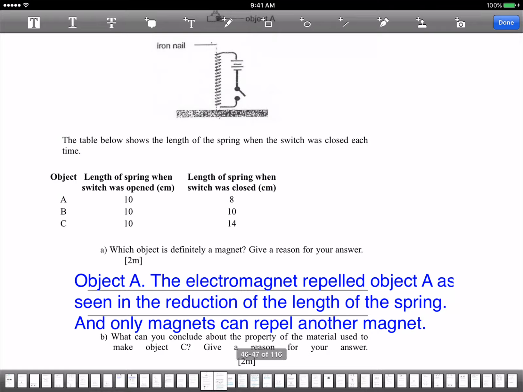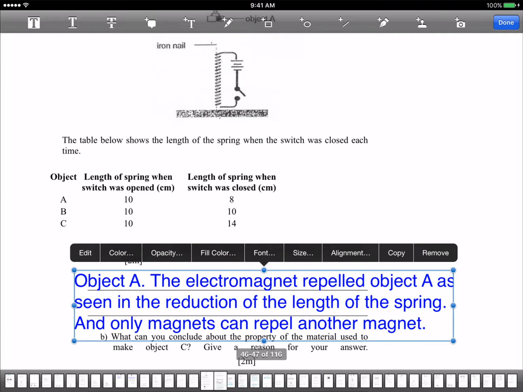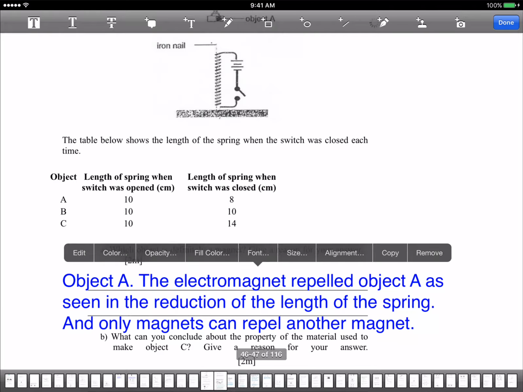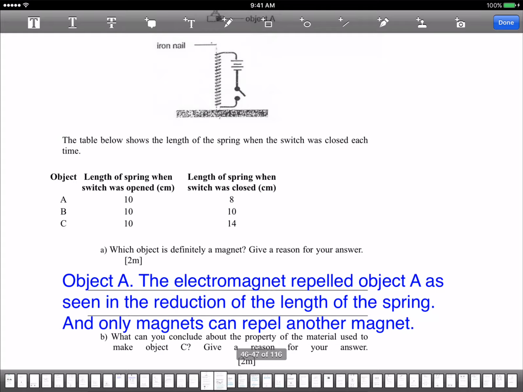Okay, only magnets can repel another magnet. Repulsion will confirm that it is a magnet. Attraction cannot confirm that it is a magnet. This is under push and pull forces.